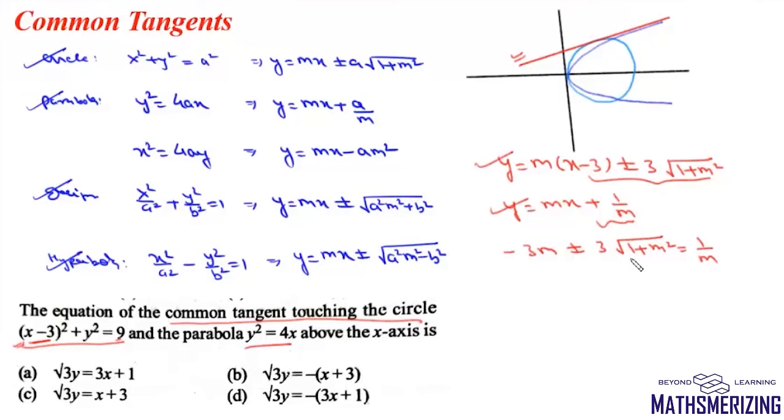So from here we can write 3m square plus 1 upon m, and this is 3 under root 1 plus m square.